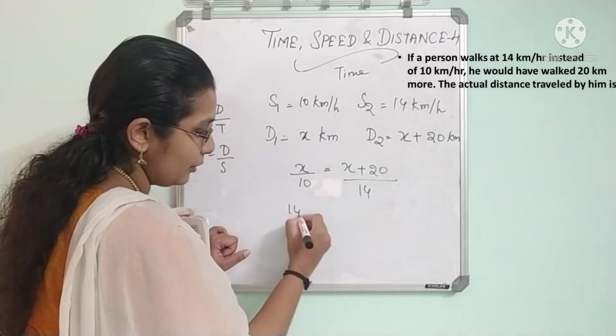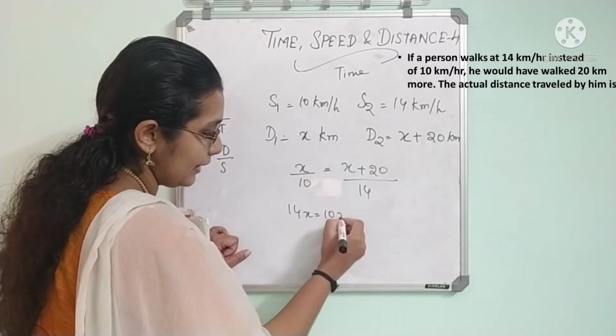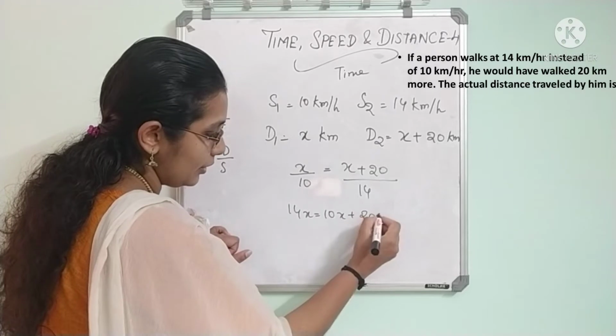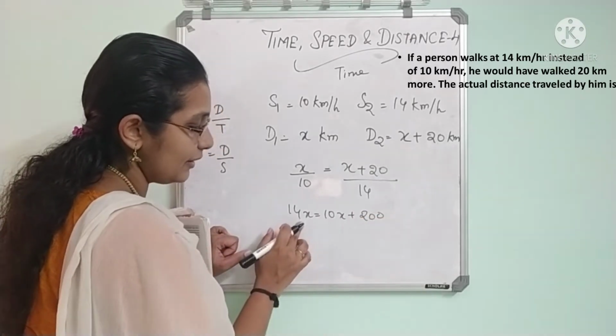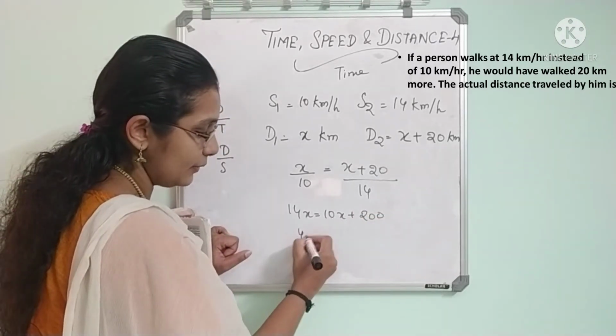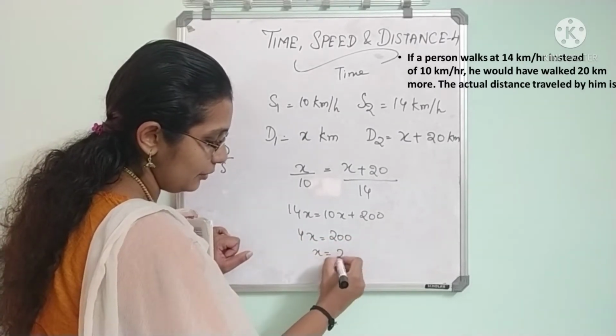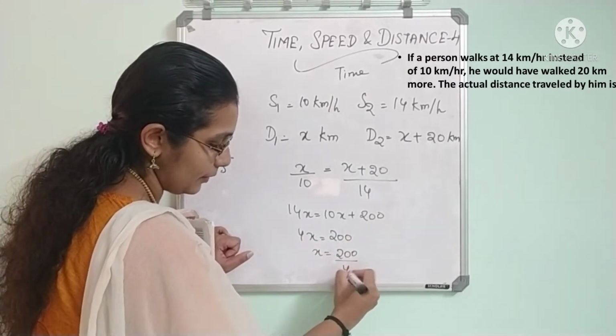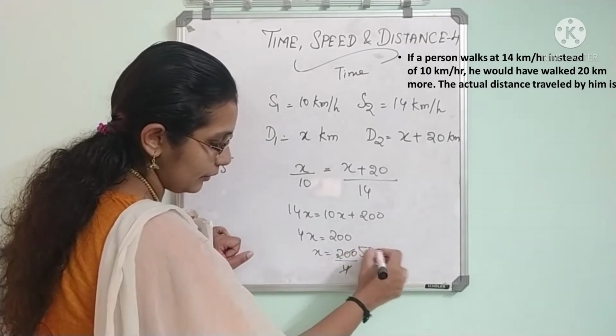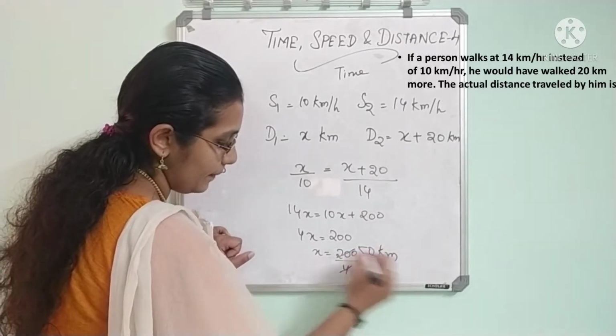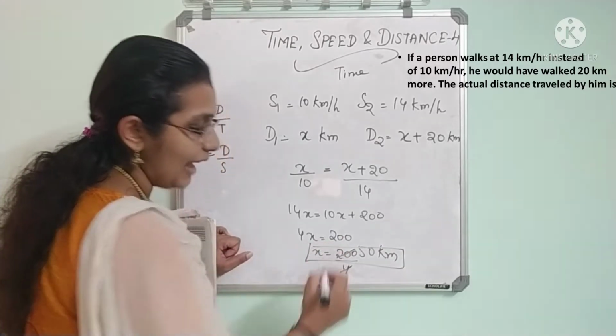Cross multiply: 14x is equal to 10x plus 200. Bringing the 10x over, 14x minus 10x is 4x, which is equal to 200. So x is equal to 200 divided by 4, which is 50 kilometer. So this is what the actual distance is.